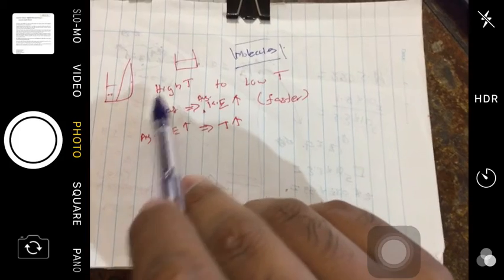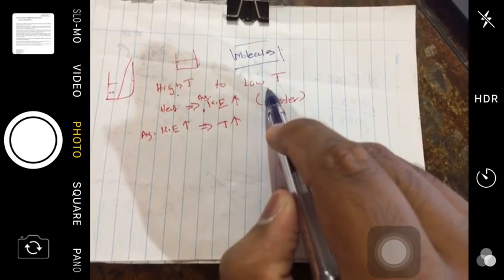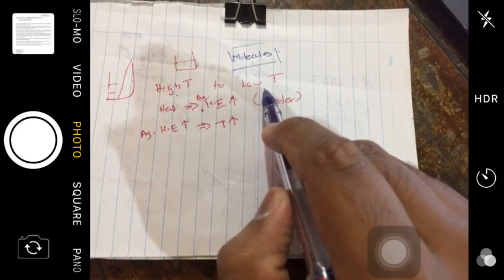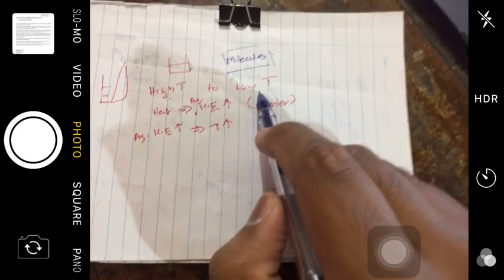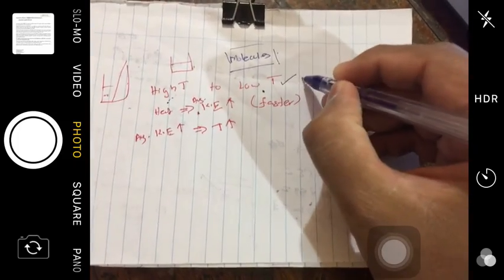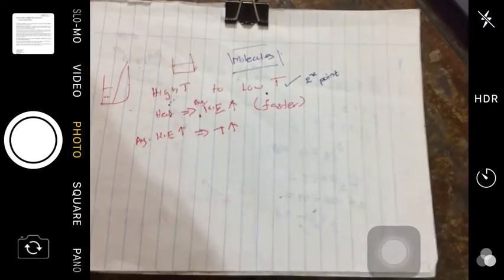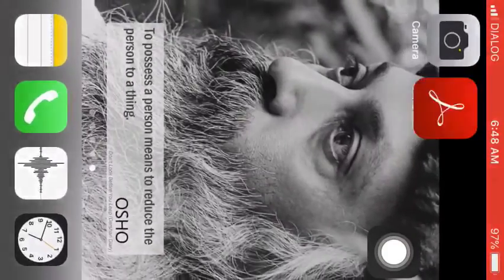The heat energy flows from high temperature to low temperature, and that's another way of saying that heat energy is transferred from the liquid to the spoon. So yeah, we have got the second point. Let's look at the third point as well.